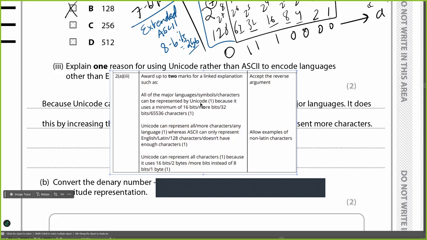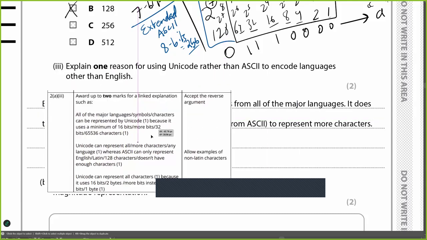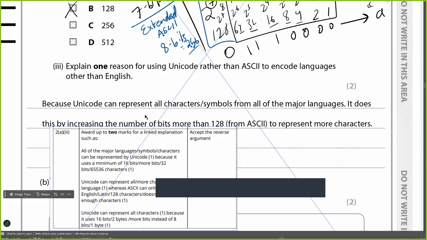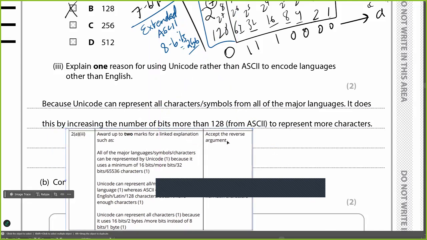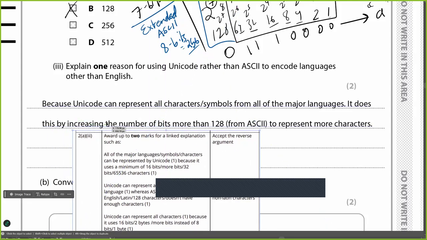You'll get one mark for saying that because it uses a minimum of 16 bits. That's the minimum that it uses, and it uses basically more. You could say 16 bits, you could say more bits, you could say 32 bits. If you don't remember any of this, you could just say more bits, what we have done here. And I have done that intentionally because you don't have to remember this for answering this question.